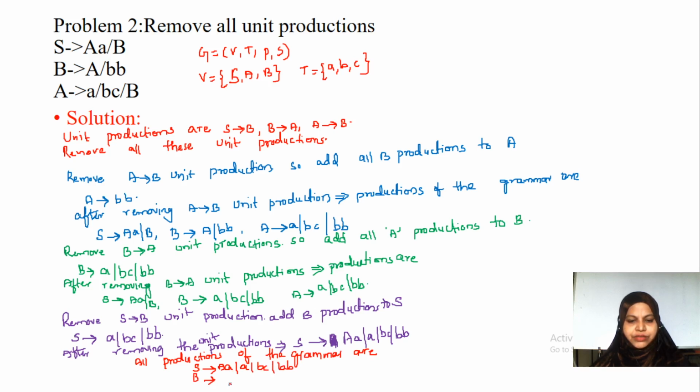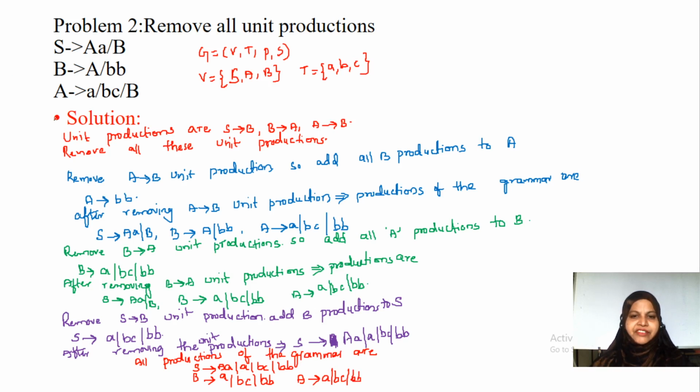B tends to A, B, C, B, B. What is A? A tends to A, B, C, and B, B. These are my productions, right?